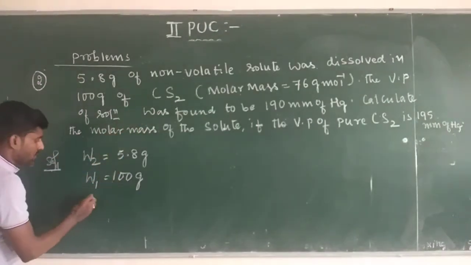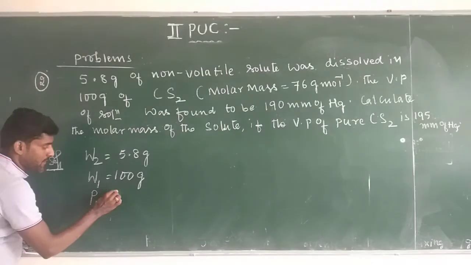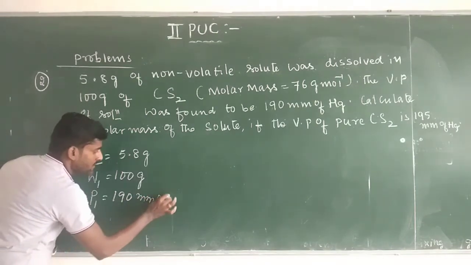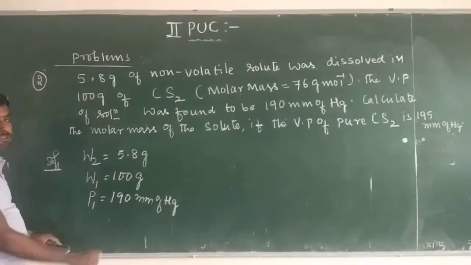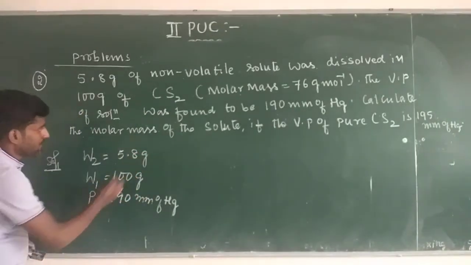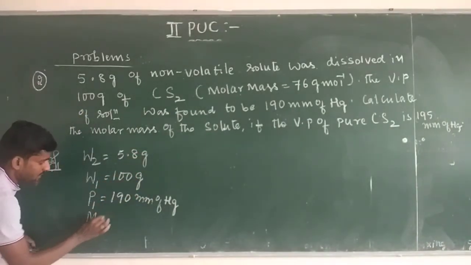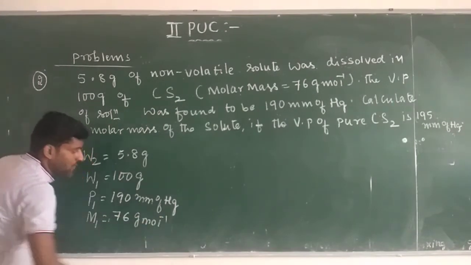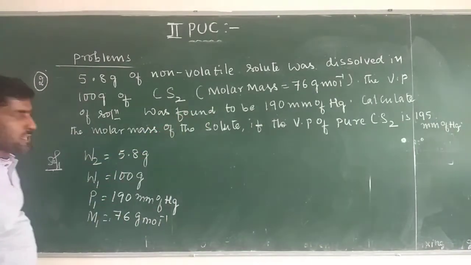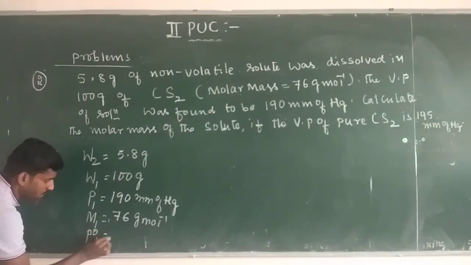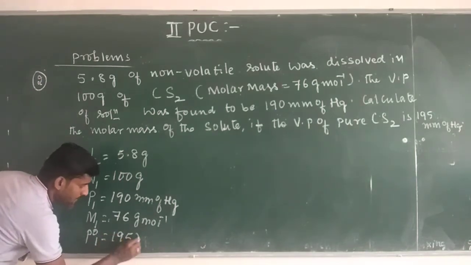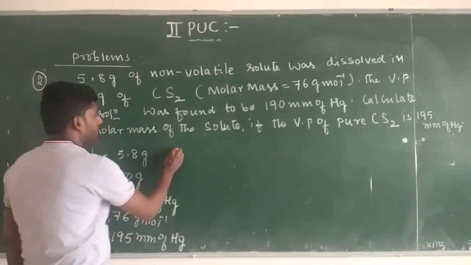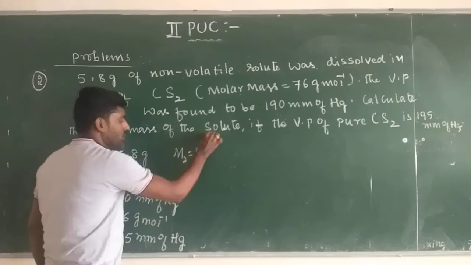Vapor pressure of solution was found to be, solution is P1, so that is 190 mm of Hg, millimeter of mercury, a pressure unit, and the molar mass of carbon disulfide is given as 76 gram per mole. Then the vapor pressure of pure solvent carbon disulfide is given, P01, that is 195 millimeter of mercury. So then find the molecular mass of the solute.